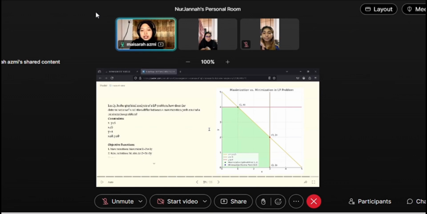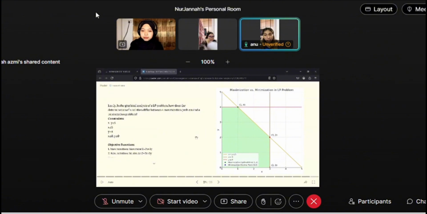For instance, x plus y equals 5 will be the line, and the inequality x plus y less than or equal to 5 represents the area below or on this line. So we just draw each line and then shade the region that satisfies the inequality.